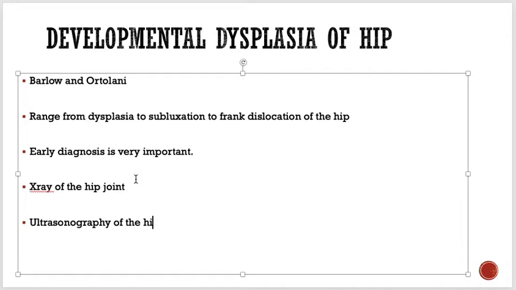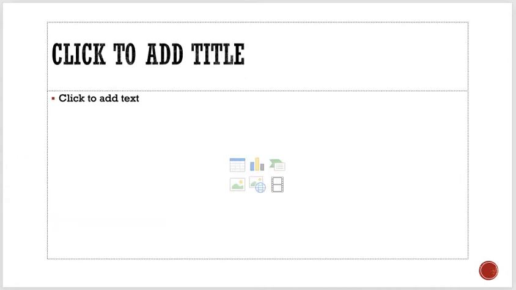So this one is better, by the way, ultrasonography, right? Because in this way they can also check how much dysplasia is there, or whether there is subluxation or dislocation.